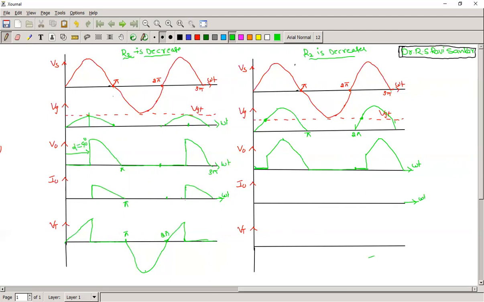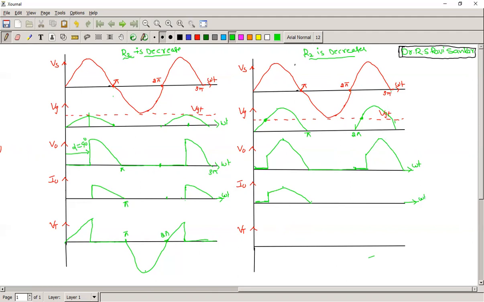Now if you draw the current waveform, here we are taking the resistive load. The current waveform is the same as the voltage waveform, but the magnitude will be lesser because we have taken a resistive load for simplicity.